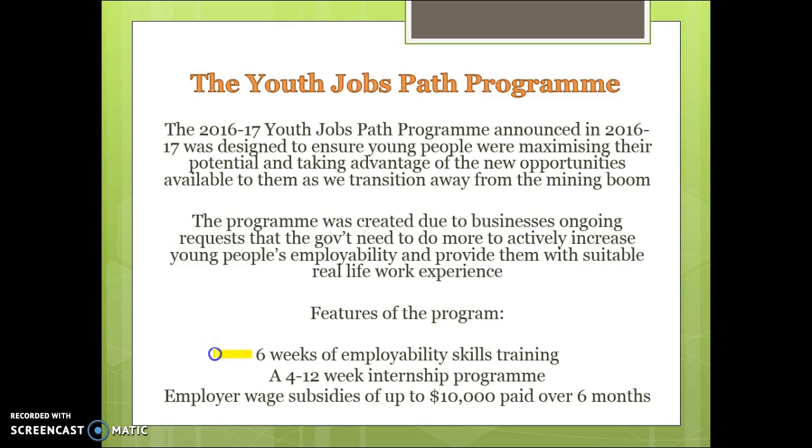Once they've developed the skills and training necessary, they would give subsidies for businesses to hire these workers for internships, and then there would be subsidies for businesses who employed these people on a more permanent basis. So any business that employed these people for over 6 months would then receive additional subsidies. To be part of this program, you had to be between the ages of 15 to 24, and you also needed to be unemployed for longer than 6 months.